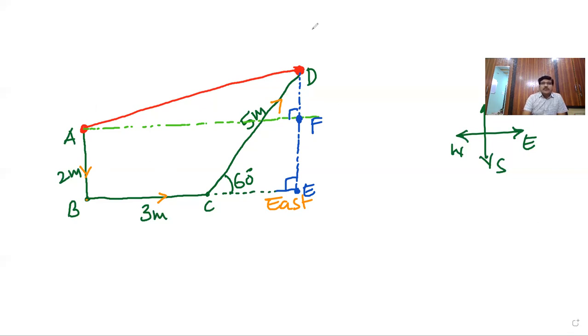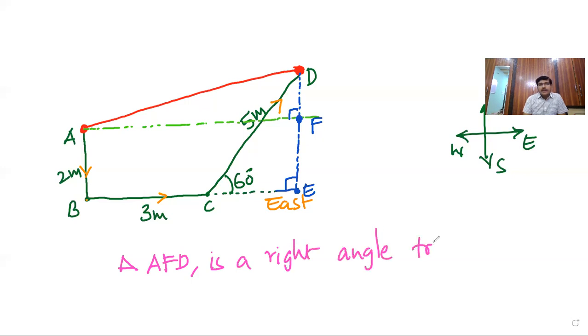Clear? So observe. AFD is a right angle triangle. Now I require AD.